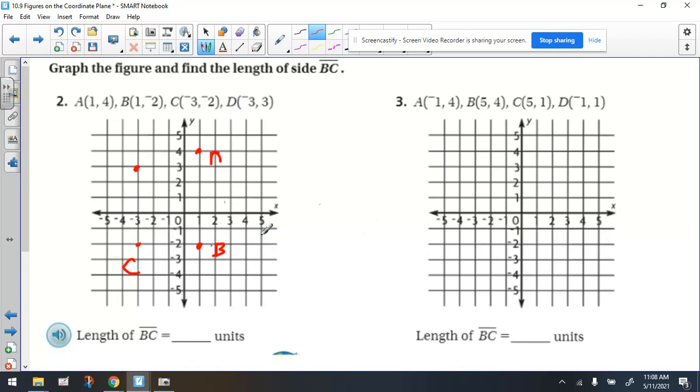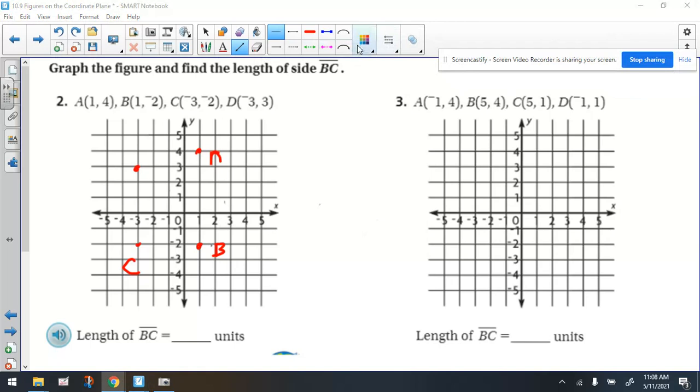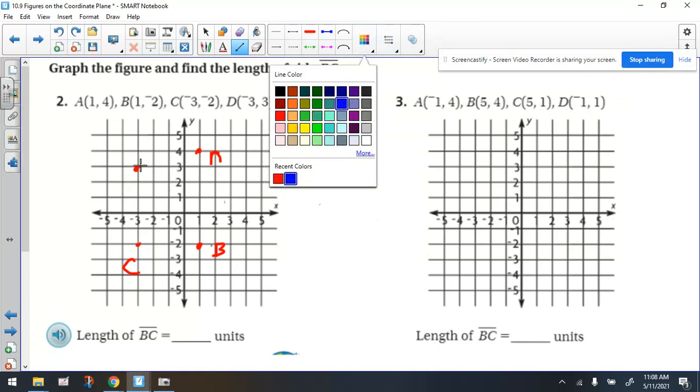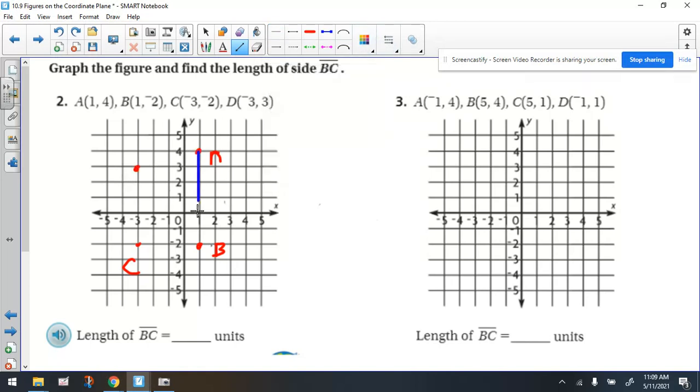Now, I have the nice little tool where I can actually draw a line. It's too bad that Jamboard doesn't have that. And let me see if I can make this maybe blue or a different color so it stands out. So we're interested in the length of this line that I just drew. But I'm going to go ahead and finish connecting my points.